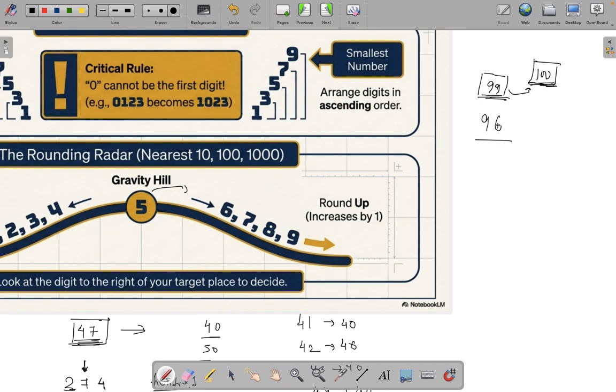For example, if I ask you to round this off to the nearest 10, it will be 100. What about the nearest 100? It will be 1000? Okay, we'll go into it in detail a little later.